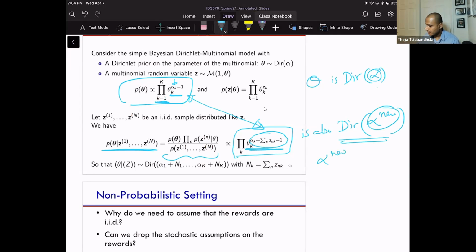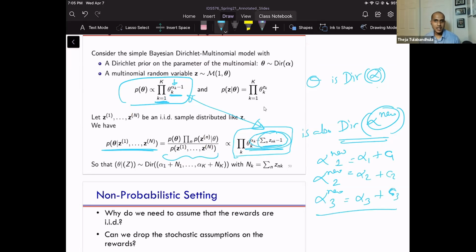Alpha nu 1, 2, and 3 is just alpha 1, alpha 2, alpha 3, the old ones, plus some extra correction terms, let's call them C1, C2, and C3.